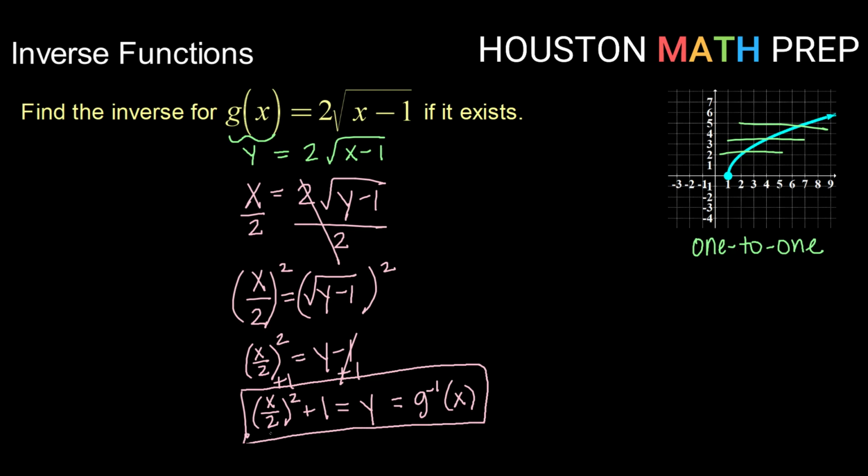Now there actually is one other bit of information here. If we were to think about what the graph of x over 2 squared plus 1 would look like, that is a parabola with some transformations. Specifically, if I graphed that on the same set of axes here, that would look like a parabola that had been moved up 1 and was compressed.